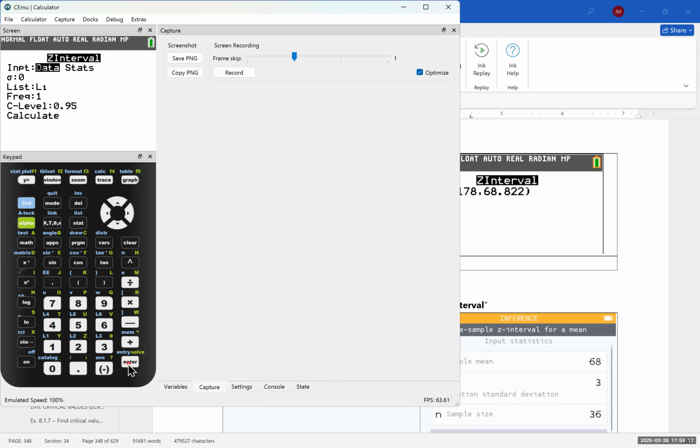So select that one. And you can input data from one of your lists, like a list editor, or you can enter in stats. So we're going to enter in stats.